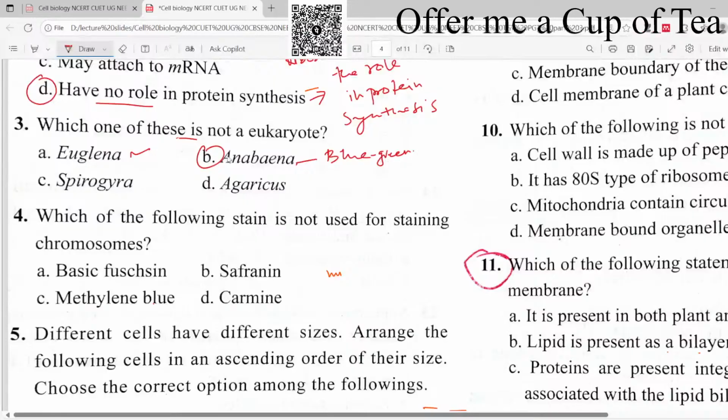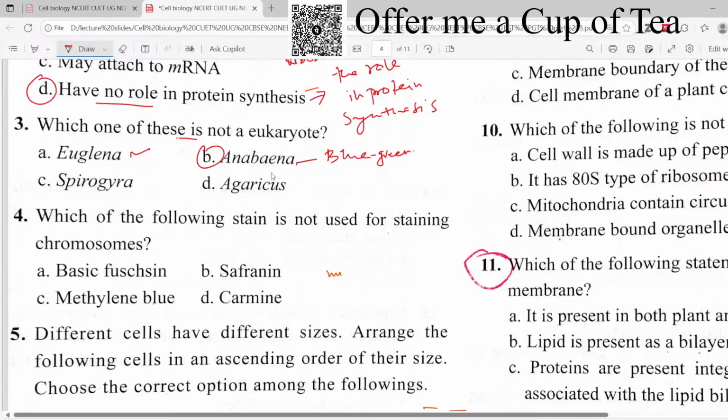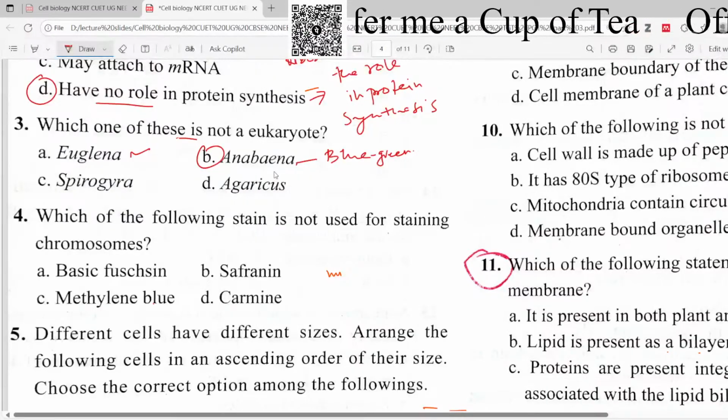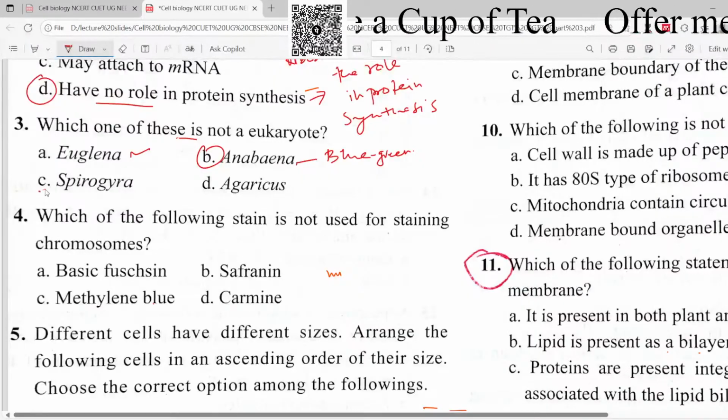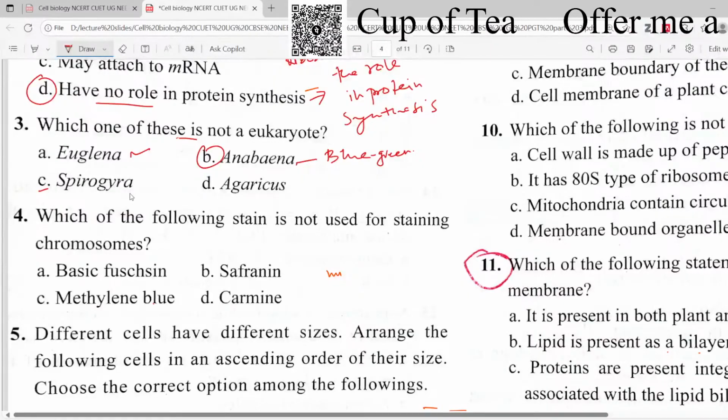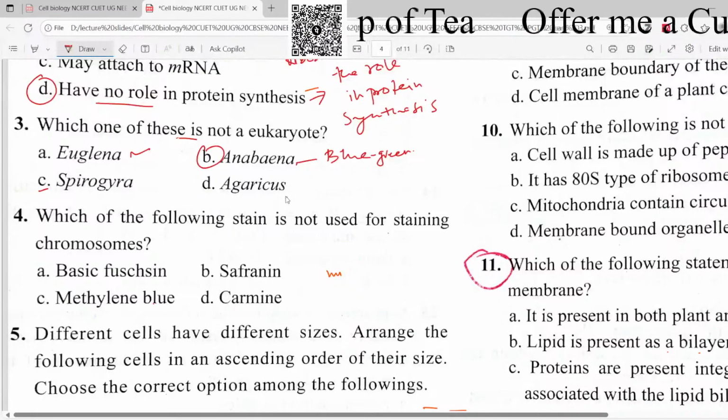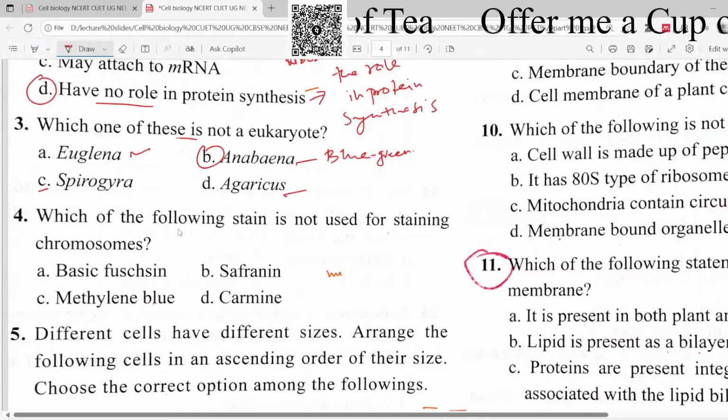So this one is the correct answer. Spirogyra is also a eukaryotic cell, and D is Agaricus, which is also a eukaryotic cell.